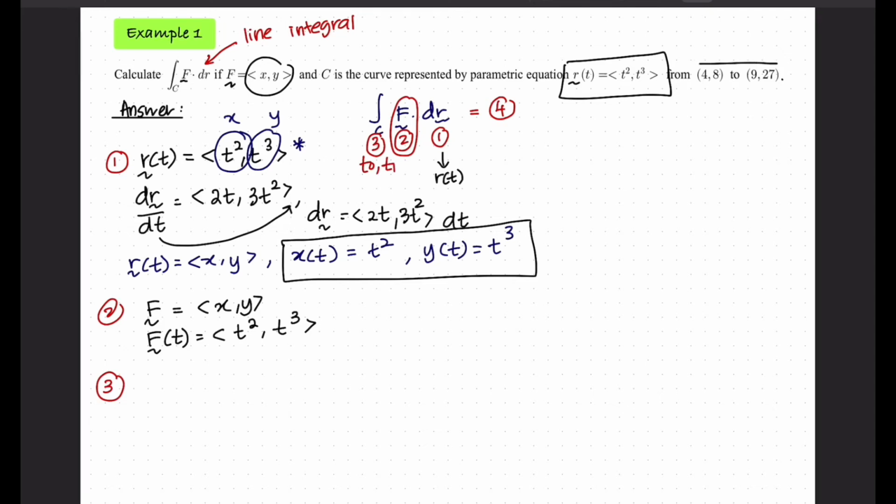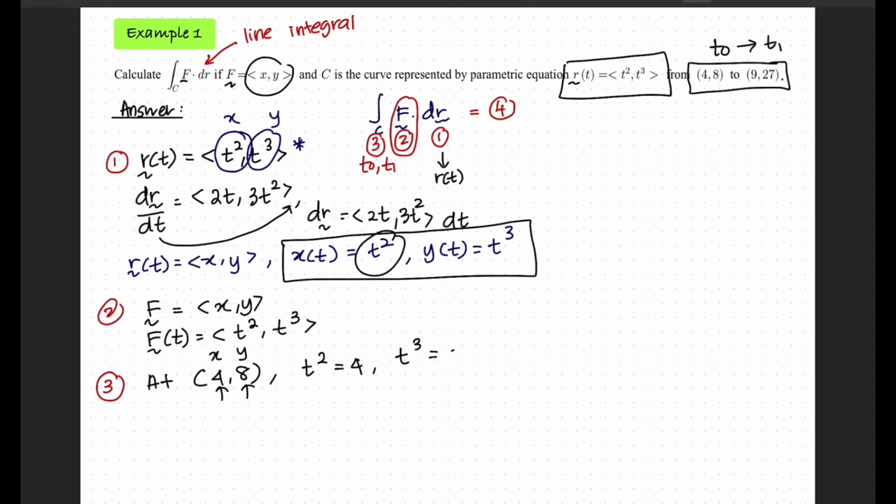For this question, you can find t0 to t1 using these points. At the point (4, 8), this is x and y. x is given by t square, so t square equal to 4, and t cube equal to 8. For the starting point, you can get t0: t0 equal to the square root of 4, which is 2.